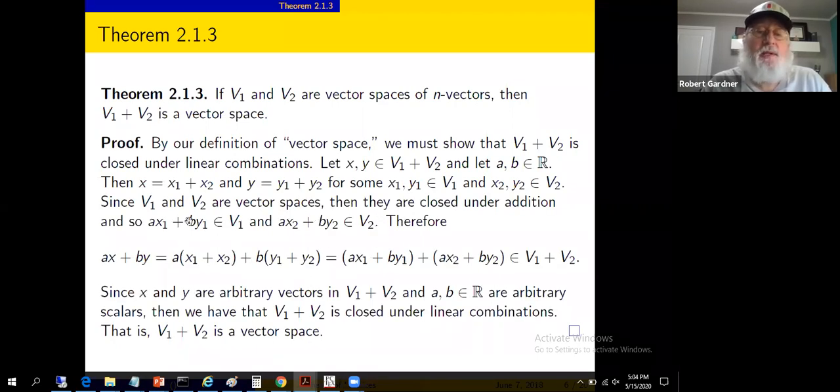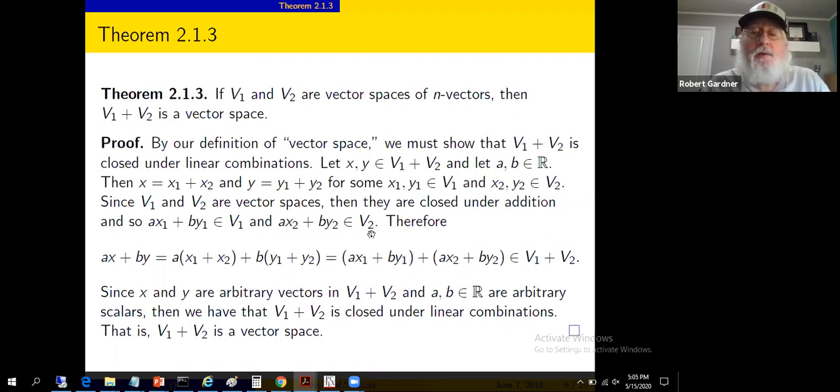So V1 and V2 were given to be vector spaces. They're closed under addition, and in particular closed under linear combinations because they're vector spaces. If we take ax1 plus by1, since x1 and y1 are in V1, then the linear combination is in V1. Likewise, x2 and y2 are in V sub 2, so the linear combination ax2 plus by2 is also in V sub 2.